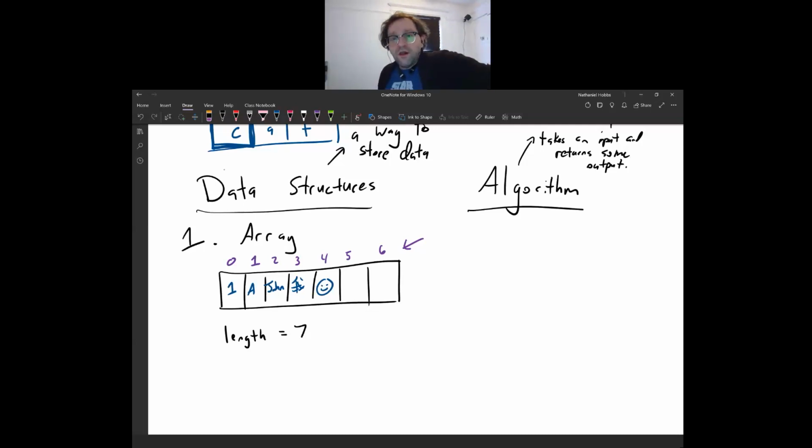Okay. Actually, for now, I'd like you to forget a little bit about the ones and zeros. Think a little bit higher level for this discussion. Okay, so that's an array. An array has a length, and you can reference particular parts of the array via its index.